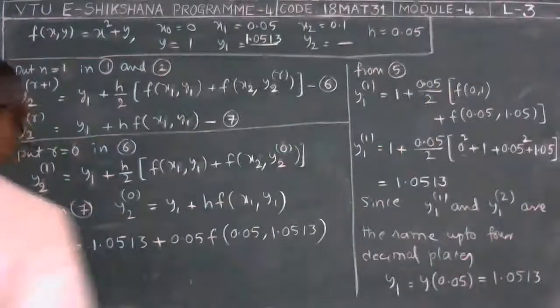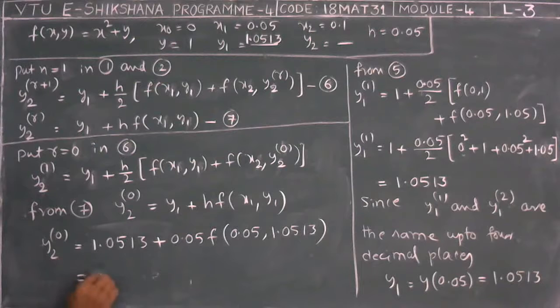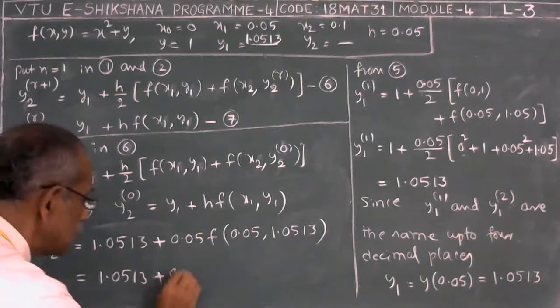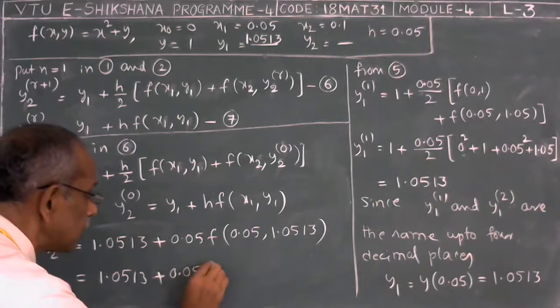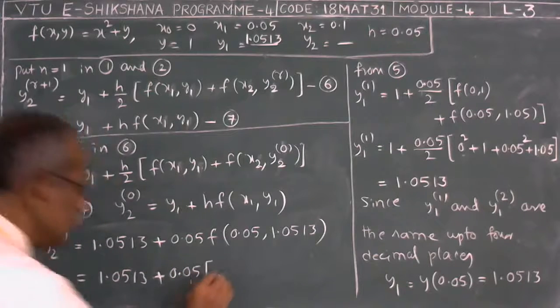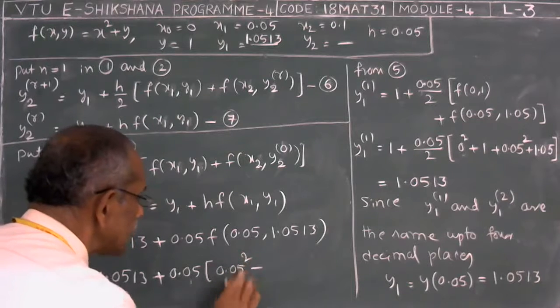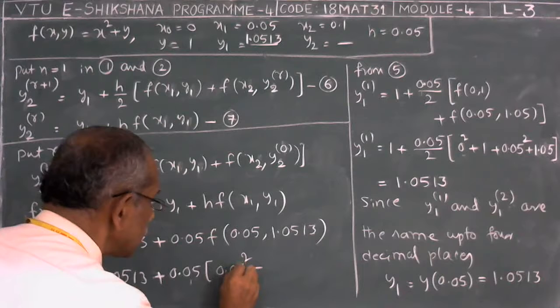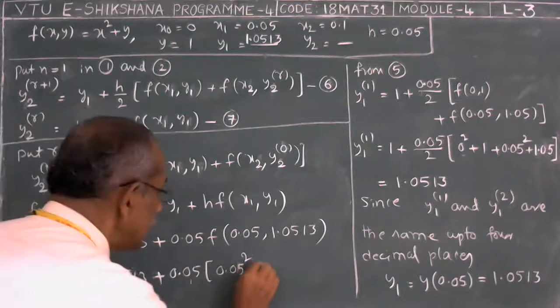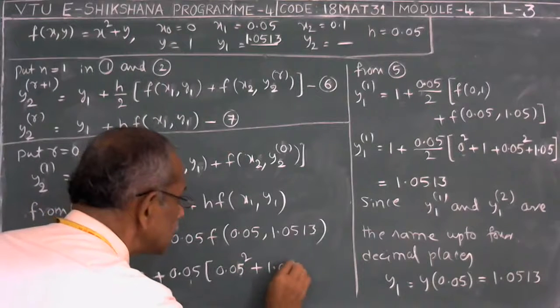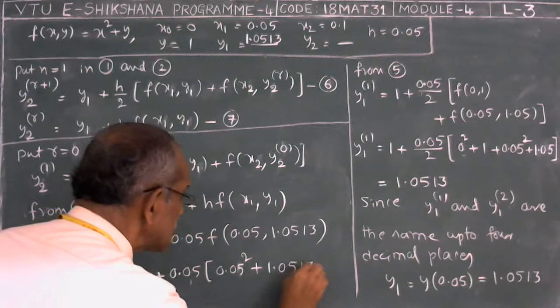So y20 is equal to 1.0513 plus 0.05 into (0.05 whole square plus 1.0513).